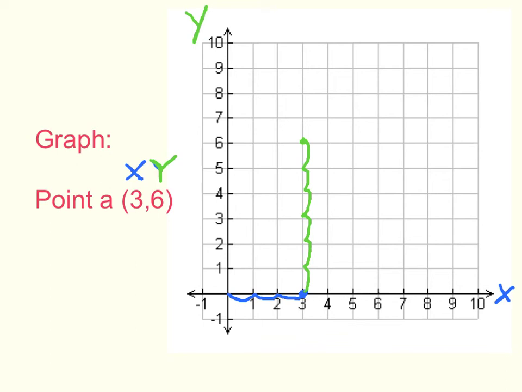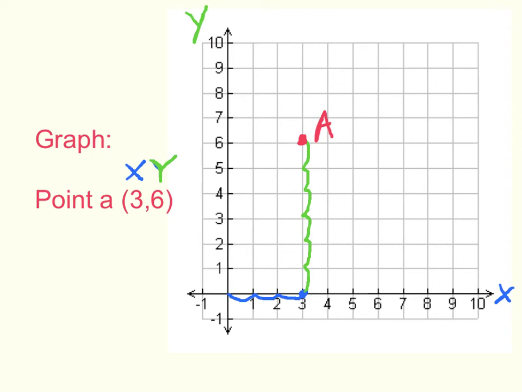That means my point A is right here. And as you get good at this, you won't need to make these marks to guide you. You may already see that we can find this by just going to 3 on the x-axis and finding where that meets the line that goes through 6 on the y-axis.